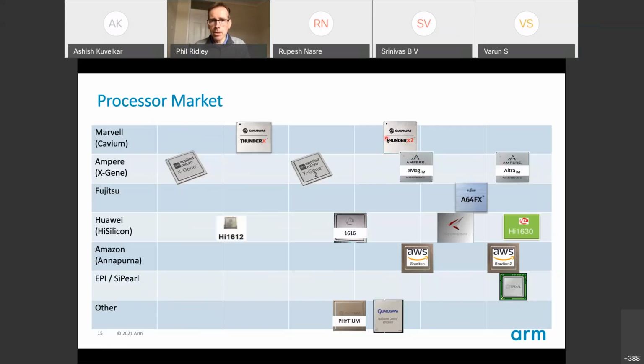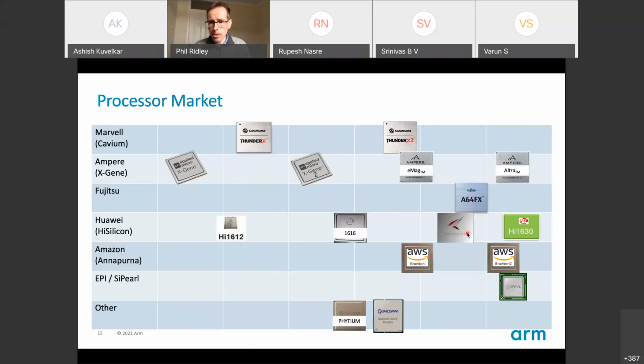You may have heard of the Marvell ThunderX processors. There was the ThunderX about 4 years ago, and then more recently the ThunderX2. And also from Ampere, they started off with the X-Gene, and then about 3 years ago, I think it was, the eMAG came out, and more recently the Ultra. And Fujitsu, the A64FX, the processor based on ARMv8.2-A with scalable vector extension, the 512-bit vector registers.